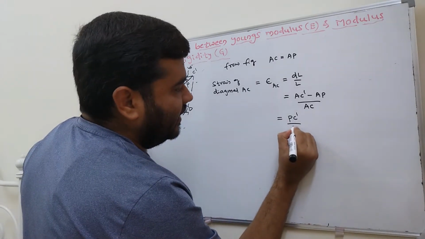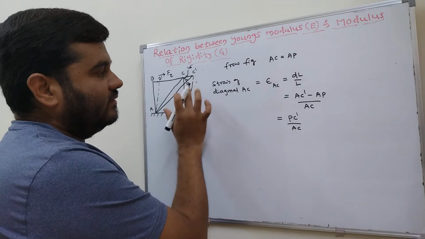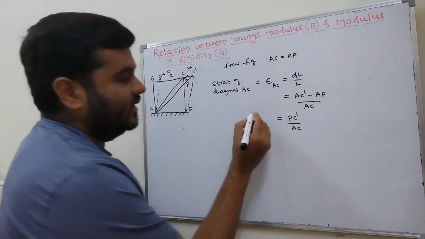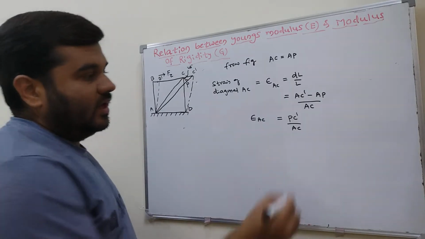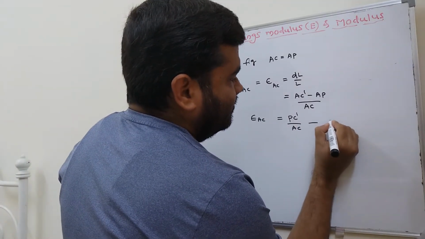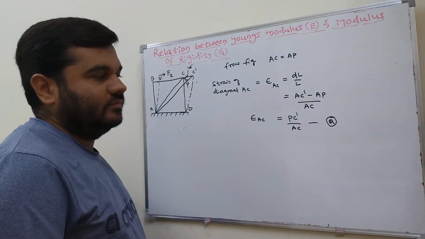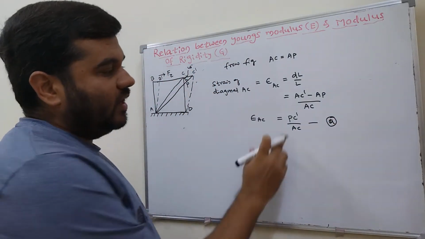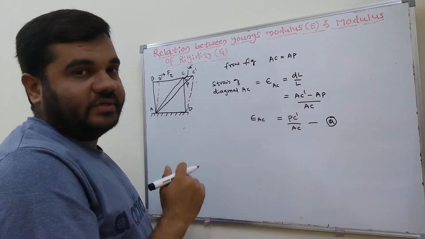This is the strain of diagonal AC. Call this one equation number A. Okay. Now we will find out PC dash and AC one by one. Then we will substitute here.